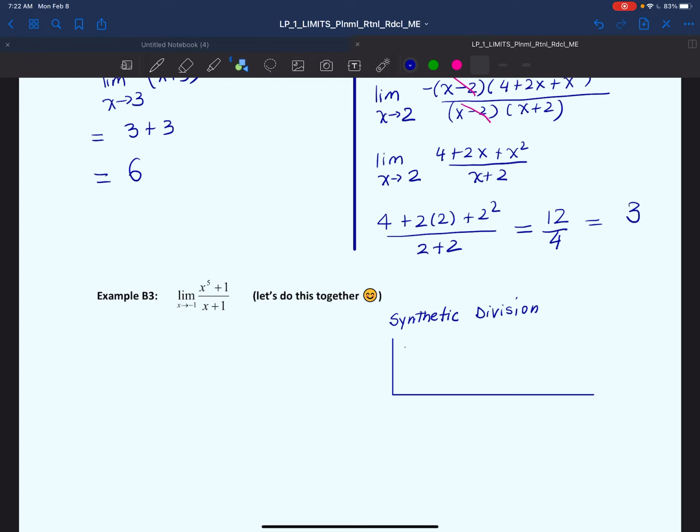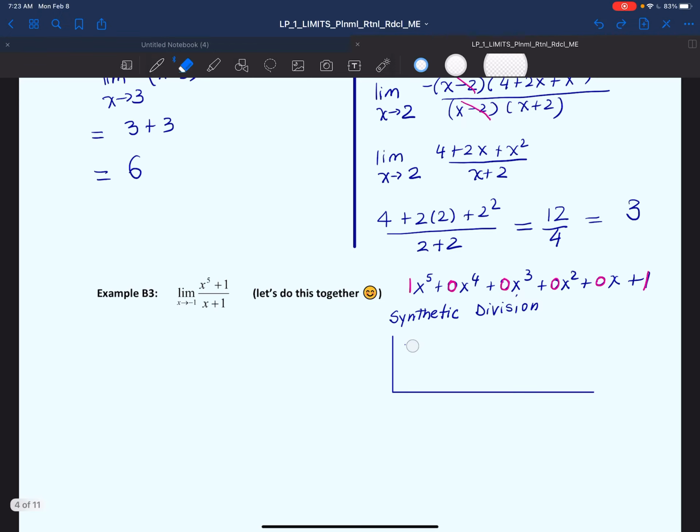If you have x to the power of 5, that means that we have x to the 5 plus 0x to the 4 plus 0x to the 3 plus 0x to the 2 plus 0x and then plus 1. So what we are interested in is the coefficients here, which we list in the first row. So we have here, see, I'm going to erase this.